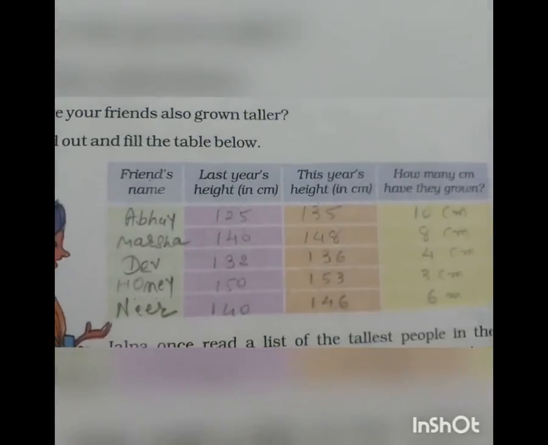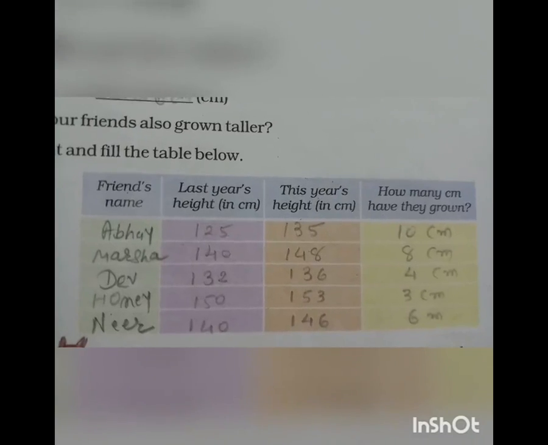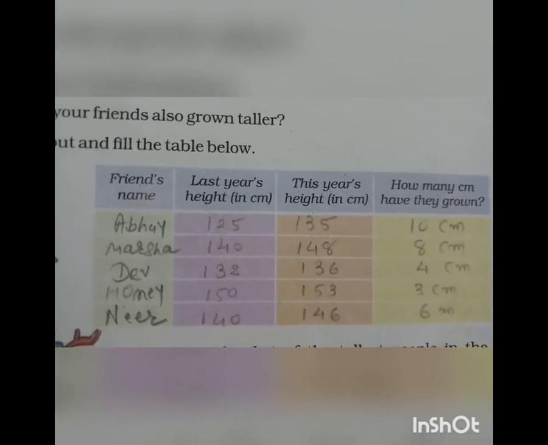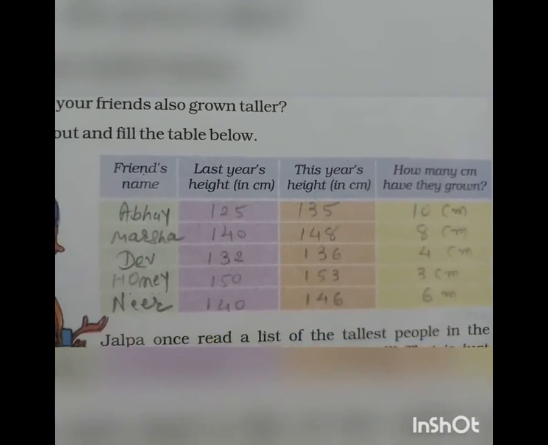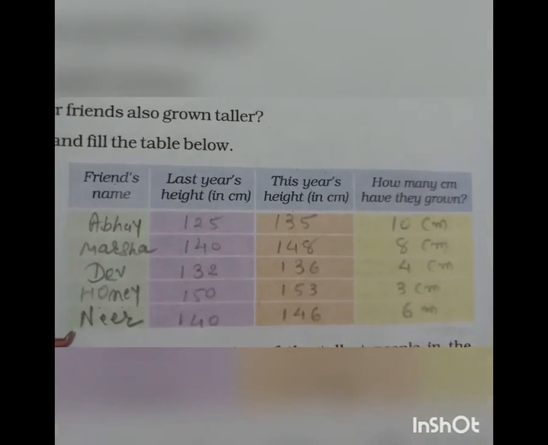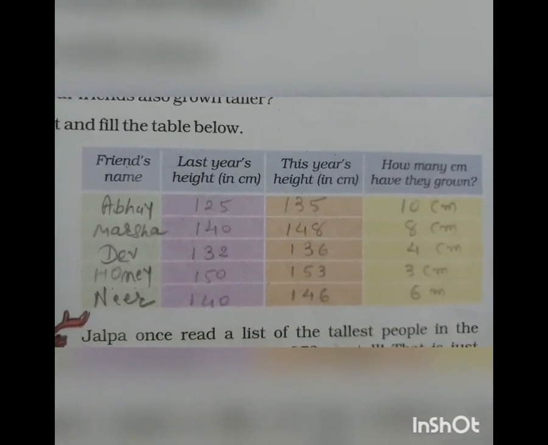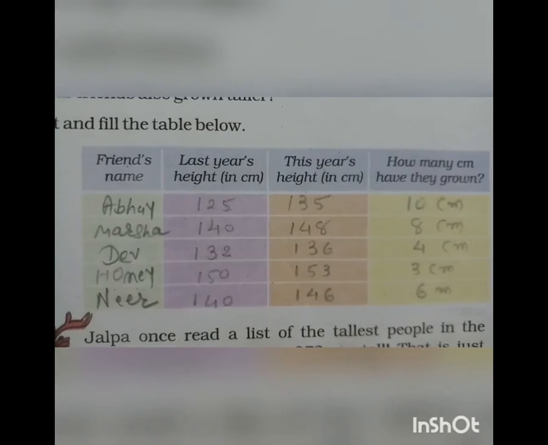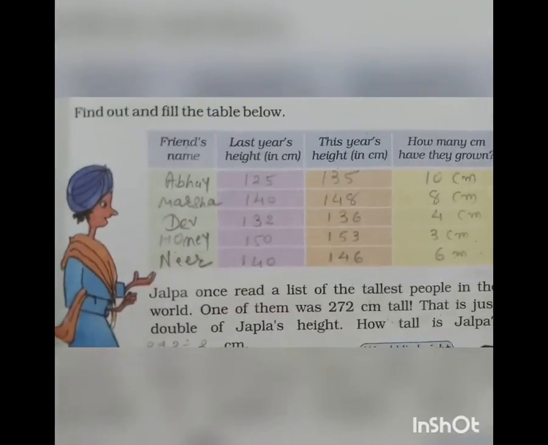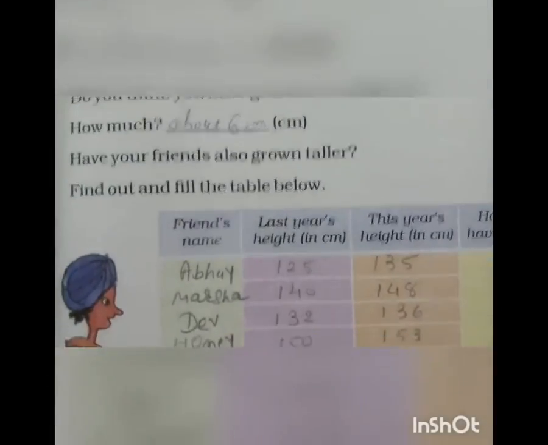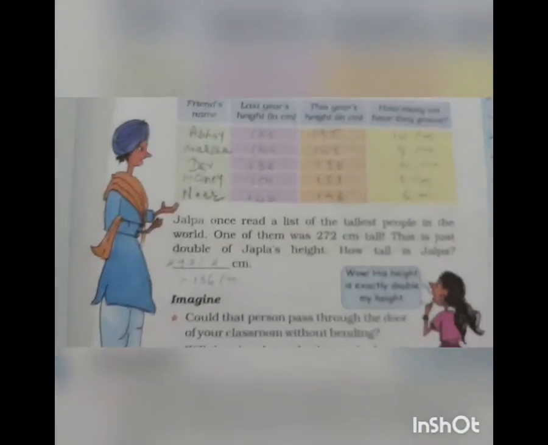But you are not here in the school, so from home you have to measure your height, and you also have to take help from your parents, your elder brothers and sisters. Now here is a table. See here, find out and fill the table below.